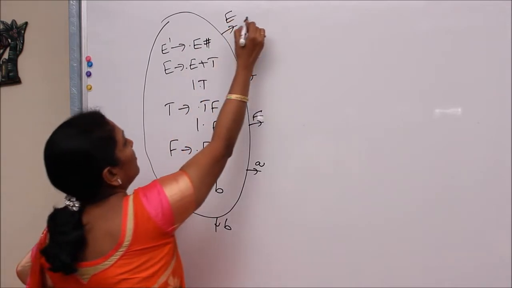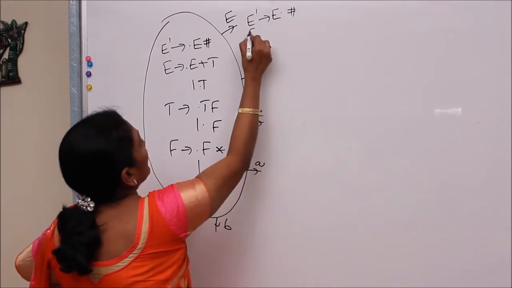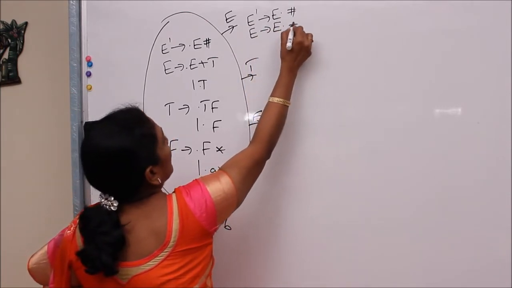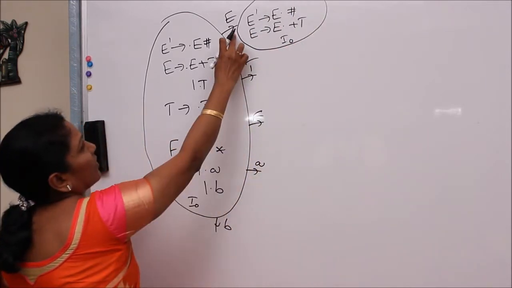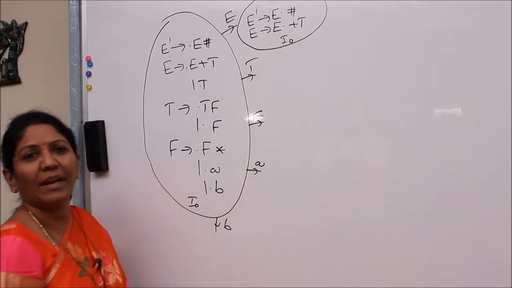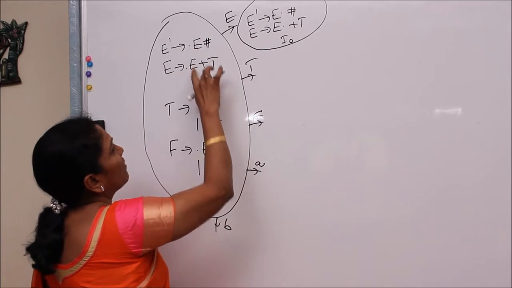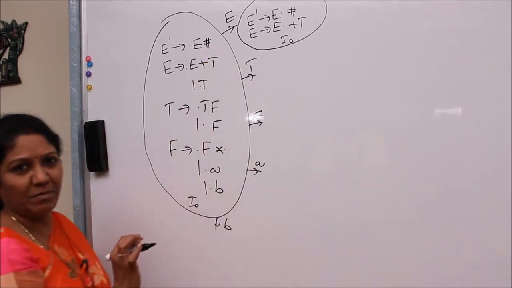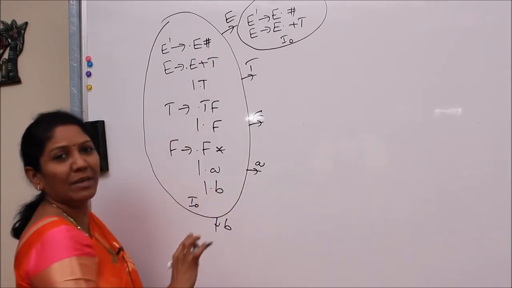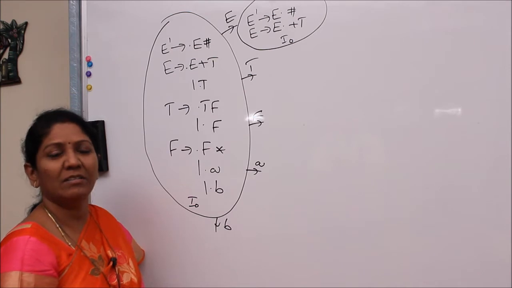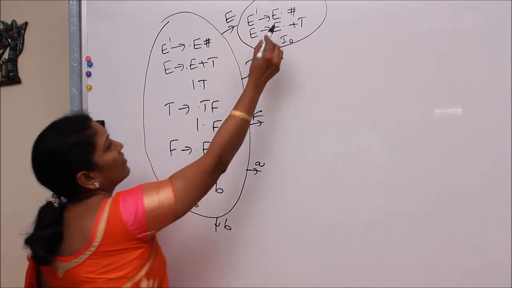So E dash to E dot hash and E to E dot plus T. This is I0. Goto of I0 on E: find the transition and apply closure. When you find the transitions, here there is a match, here there is a match. Whenever there is a match, move the dot next to that grammar symbol. Because the grammar symbol here is E, it matches only with these two, whereas in all the remaining productions there is no match. When there is no match, it will not produce any new item. And so you get these two.